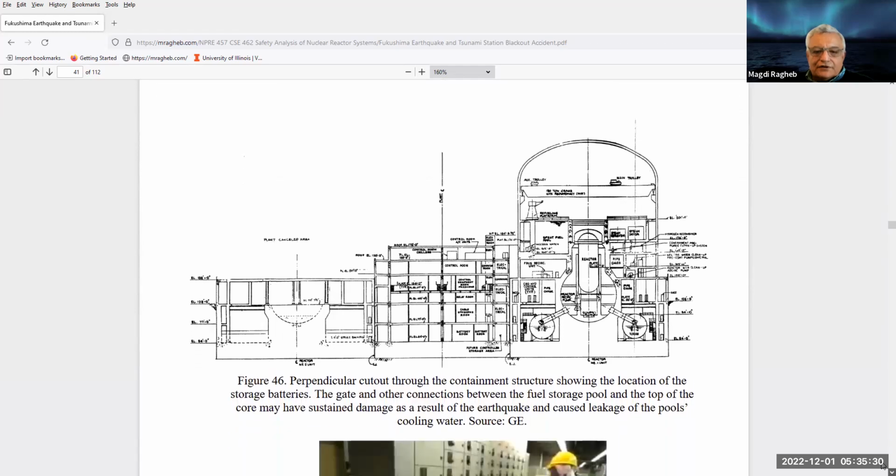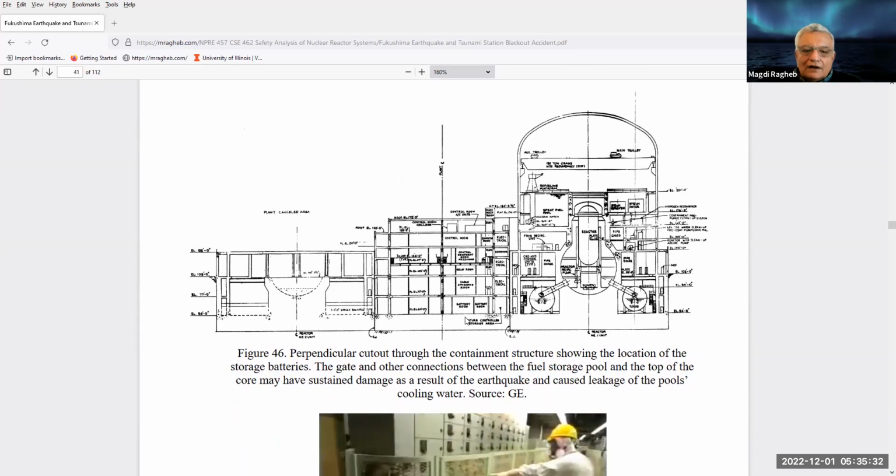This is another picture of the, again, look here, this is the ground level here. Here it is, this here. All that area here, if you look very carefully, you'll find that here, for instance, look, we can read this one, battery room. These are batteries that were supplied as a safety feature to provide power to the control room in the case of an accident.